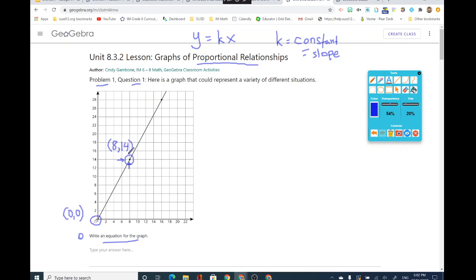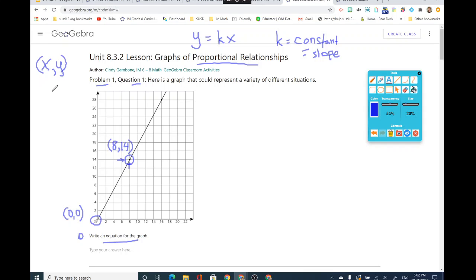Now, just in case you missed it the first 1,000 times I said it, never forget, when you're looking at coordinates, it's always the x value followed by the y value. That's what the parentheses mean. It's a coordinate point, x and y.